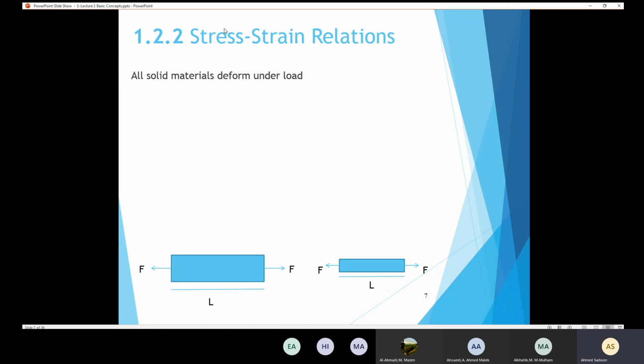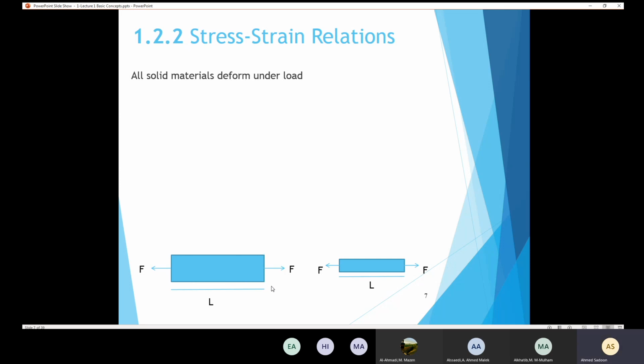Also, it's very important to understand the stress-strain relations. We say that all solid materials deform under load. So here, if I have a specimen like this one, and I'm going to apply a force F, and the original or initial length is L, when I apply a load, that length is going to increase.